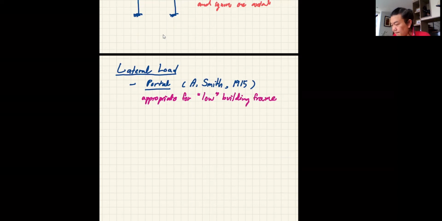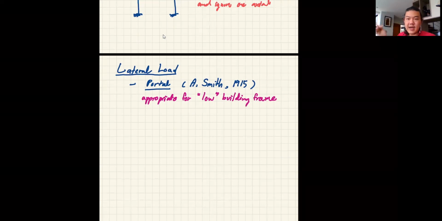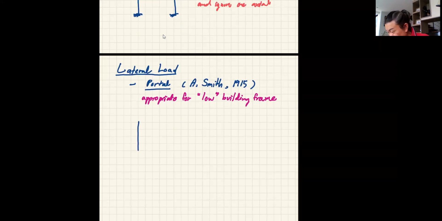Okay, now when you have the frame and the lateral load, you must know by now that... I hope so. I don't think you guys grasp the idea of this just yet.